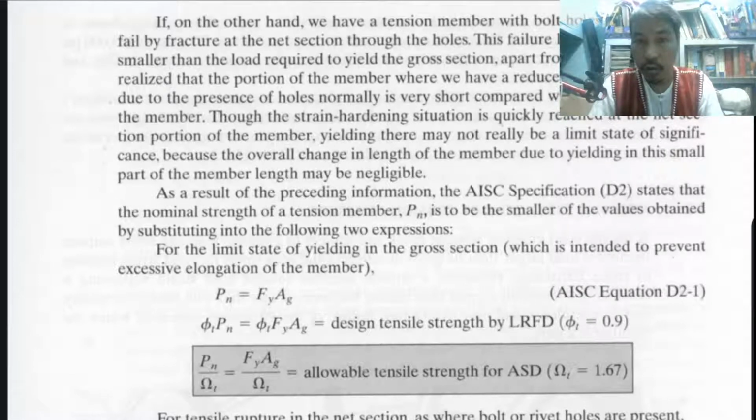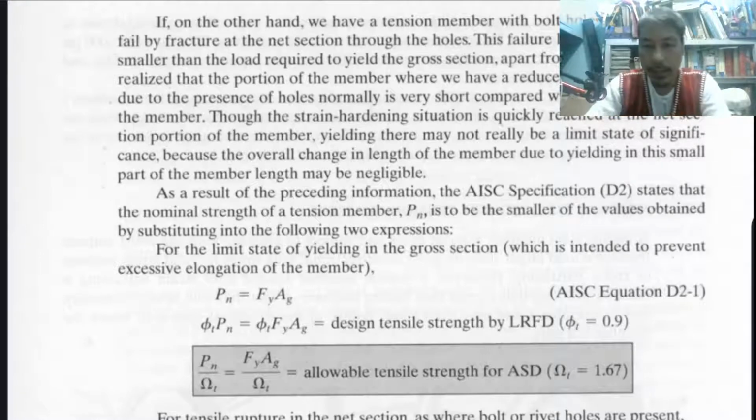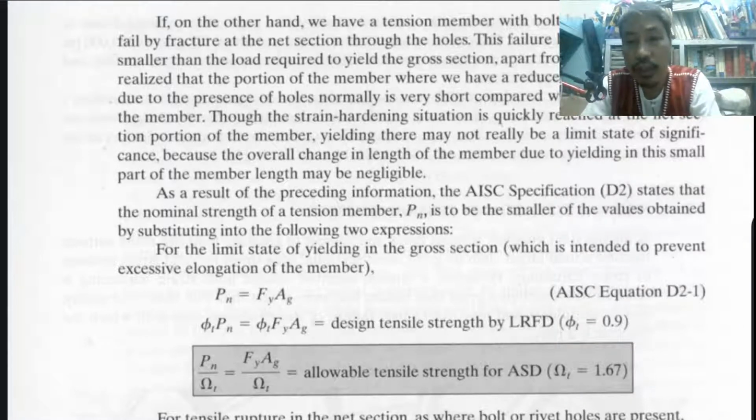Take note, gross sectional area. So it is different from net sectional area. So net and gross. Gross meaning the area without considering the holes or notches.